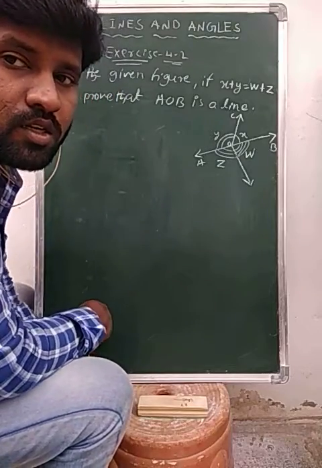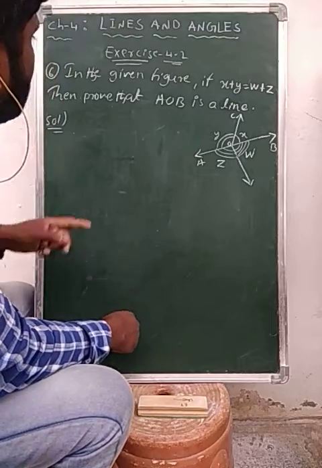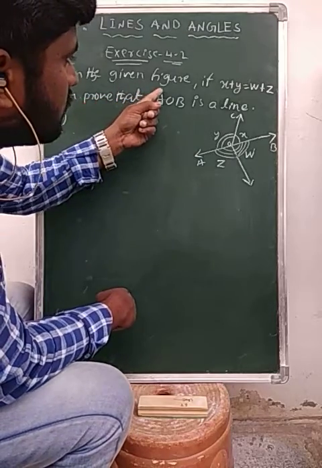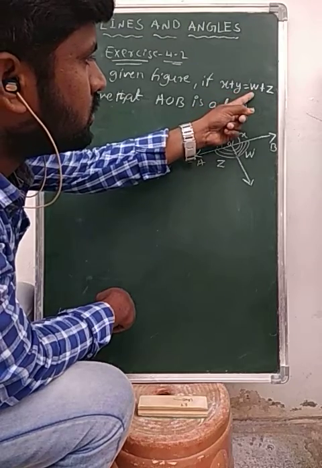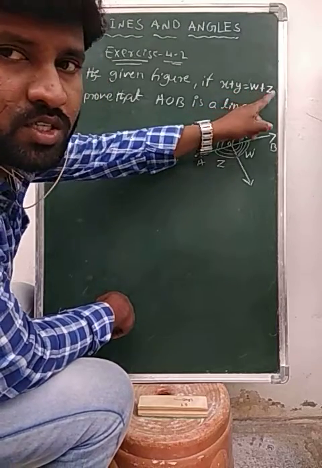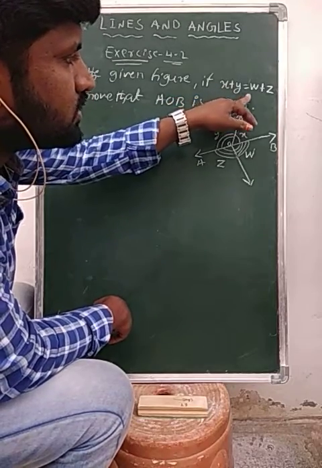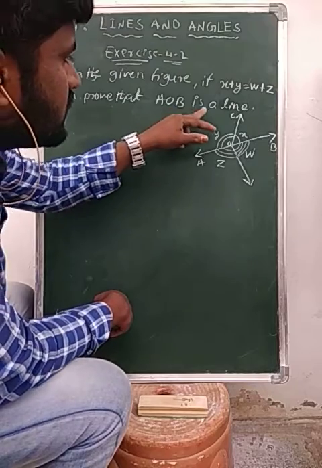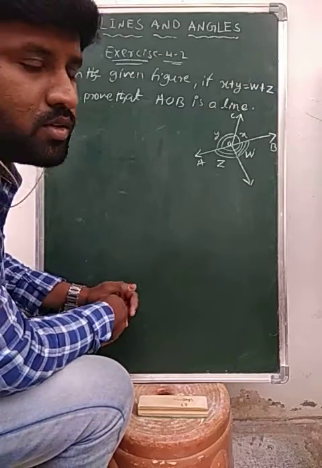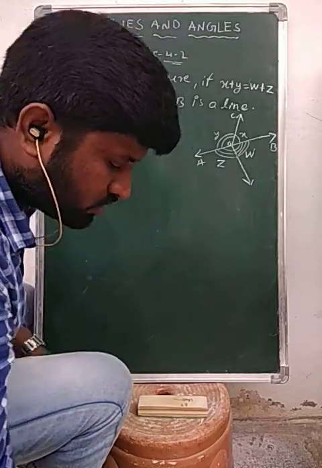Okay students, now see the next one, that is question number 6. In the given figure, if x plus y is equal to w plus z, what is given? x plus y is equal to w plus z, then prove that AOB is a line. So this is the question.